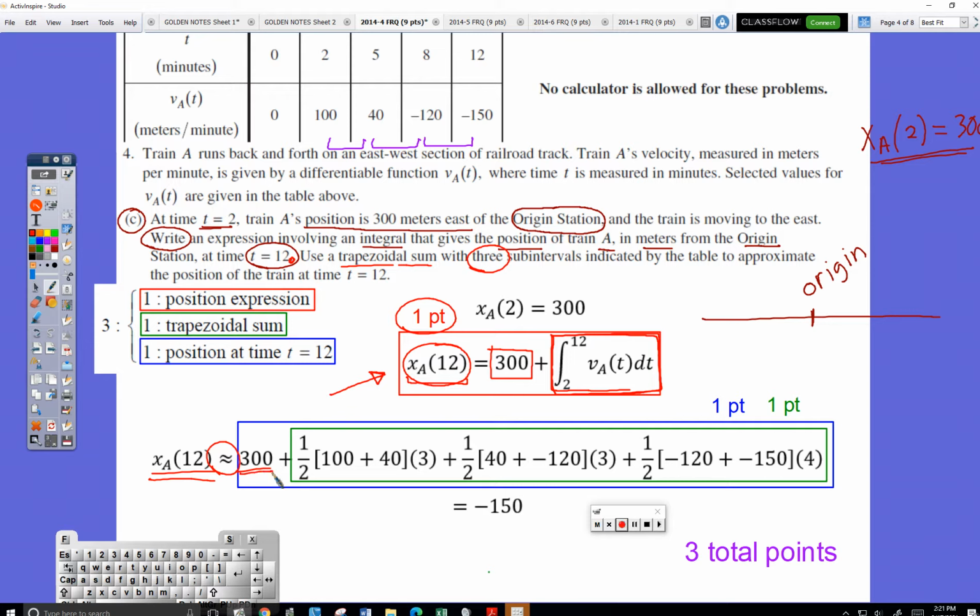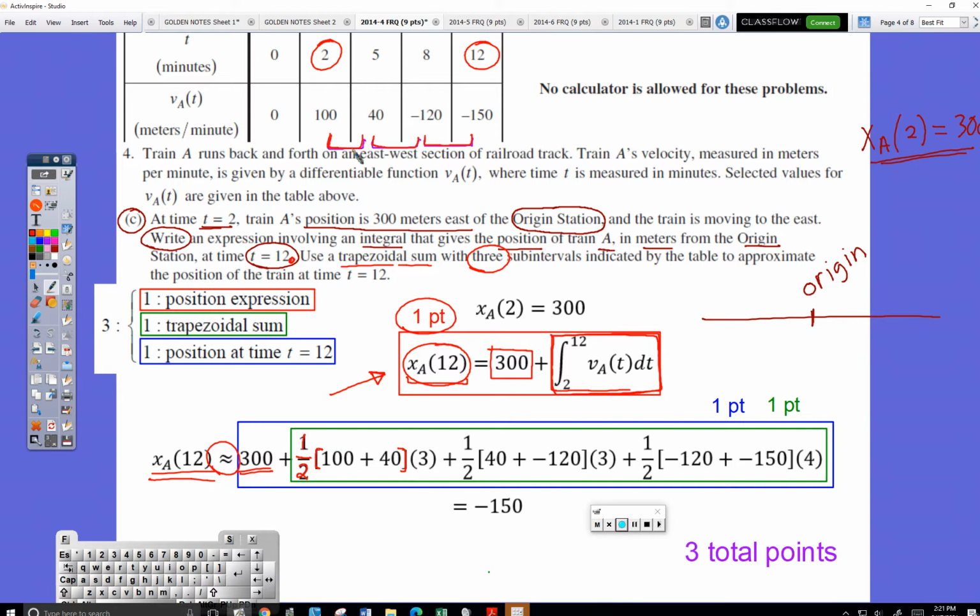Now the Riemann sum. So I come up here. Oh, be careful as well. We're going from time 2 to time 12. Don't start at 0. So we need this time interval, this one, and this one. Trapezoidal says you take 1/2 of the 2 velocities on the left and right of the subinterval.